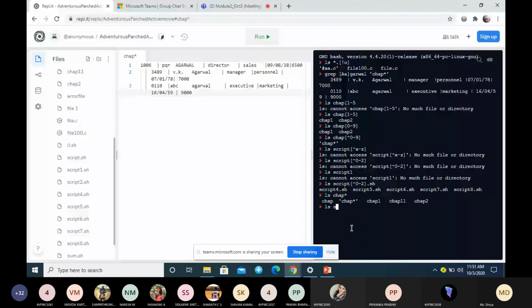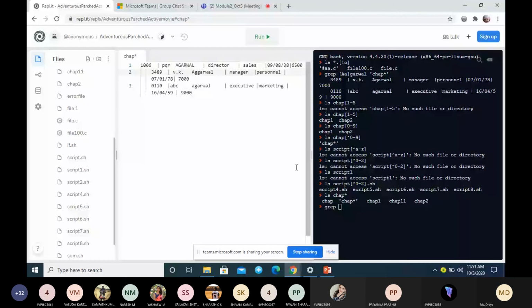So grep, the first character should be, I'll use here one G, and I'll give here one more G. Here I have two Gs.